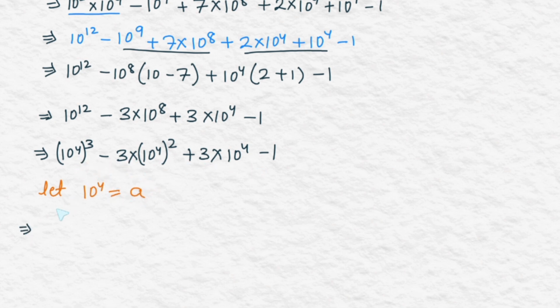Now we'll substitute a for 10 to the power 4 in the above equation. So this will become a cube. Here we have 10 to the power 4 cube, and we have already assumed that 10 to the power 4 is a. Therefore, this term will become a to the power 3, which is a cube, minus 3 times this, which will become a square, plus 3a minus 1.